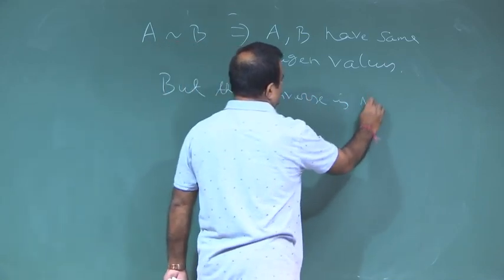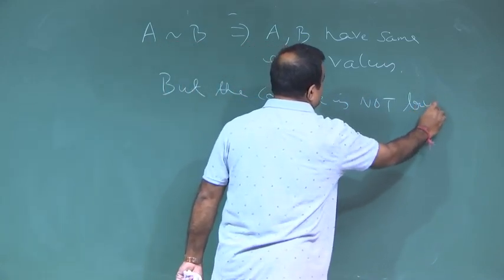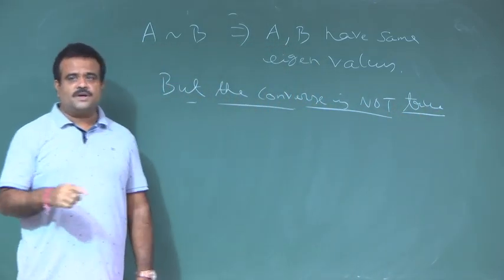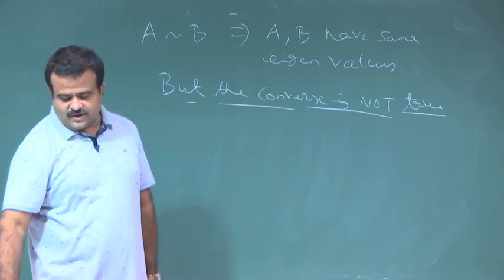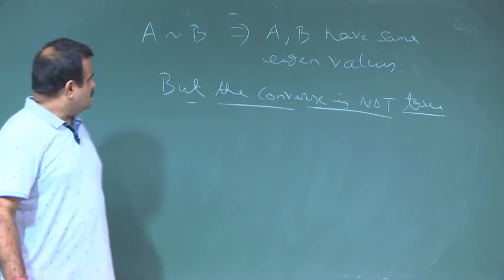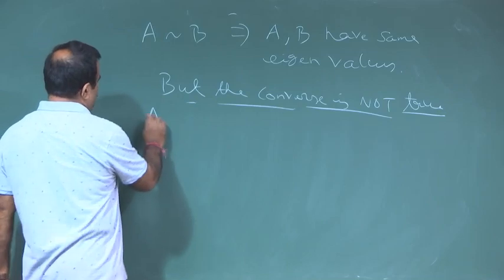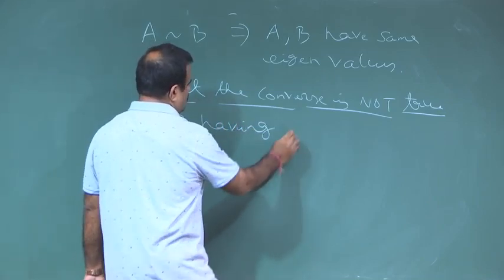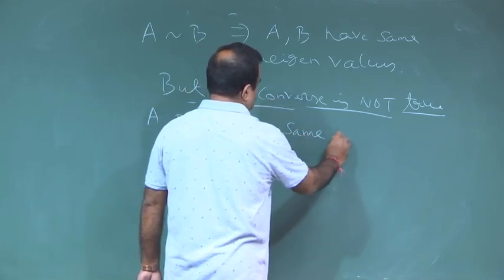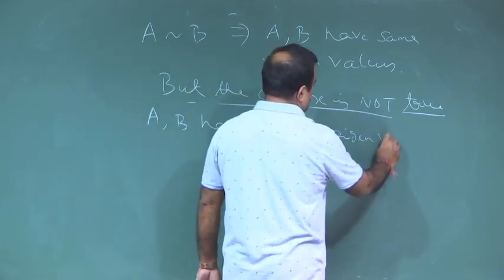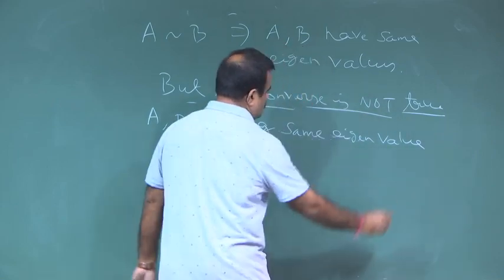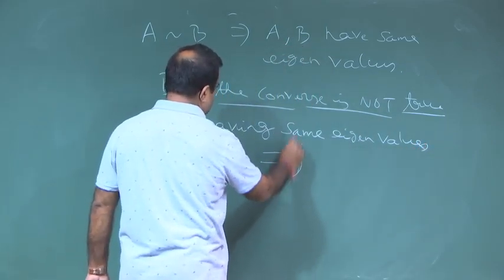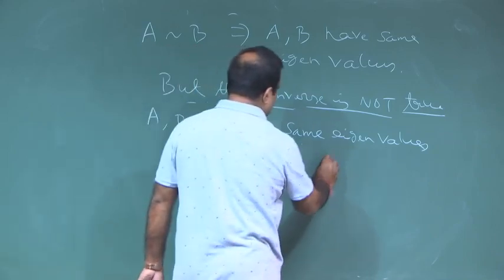The converse is not true. So we have to take a counter example. We have to take two matrices which have the same eigenvalues. Having the same eigenvalues does not imply that they are similar.